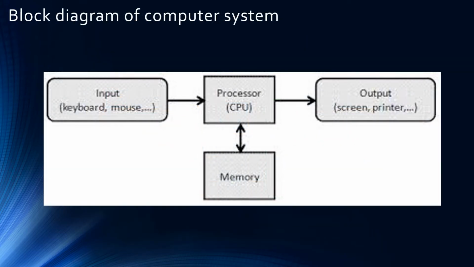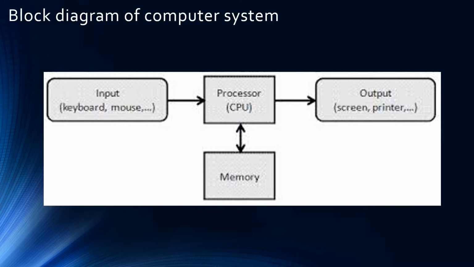If I draw this as a block diagram, you can see it like this. The processor is required to be connected to the memory. However, the processor still needs to be connected to output and input. So this is the basic block diagram of the computer system.